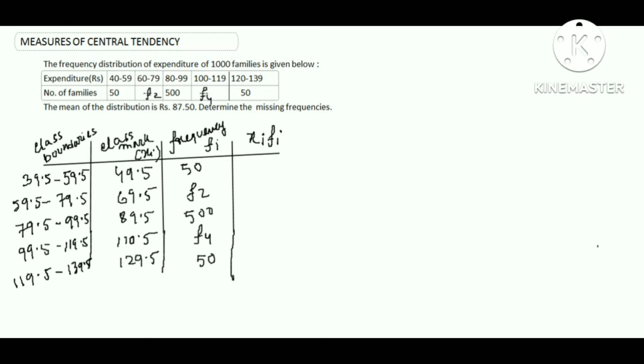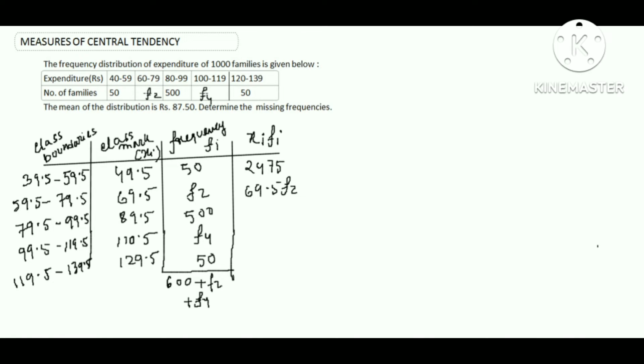So we have total frequency 50 plus 500 plus 50, that means 600, plus F2 plus F4. Again Xi Fi will give the value 49.5 multiplied by 50, that means 2475. Next, 69.5 into F2.